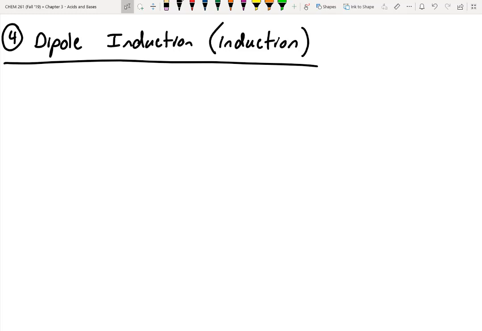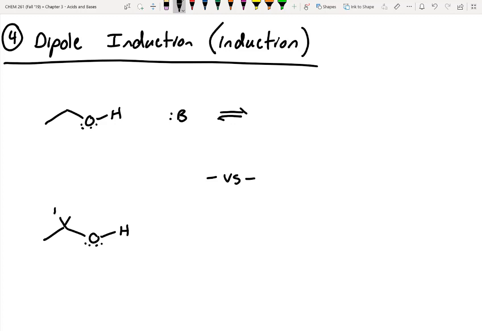All right, so we've got this one. Let's take a look at some examples. And again, I'm going to do ethanol with the base versus this competing one. But this is actually going to be fluorinated ethanol.